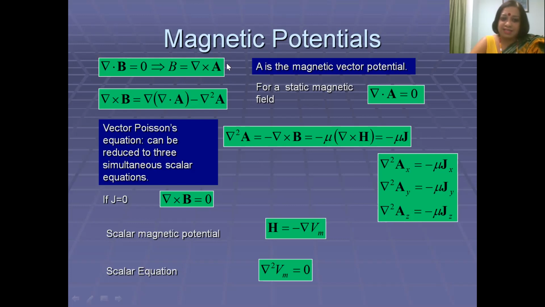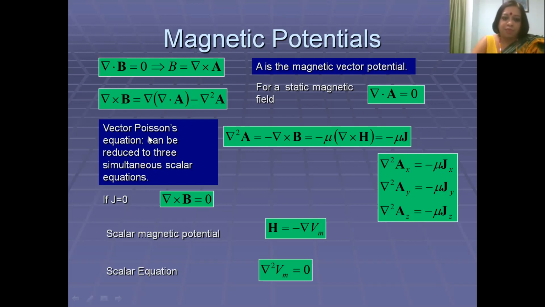Remember, A is any vector. When you express B as the curl of a vector A, there is no constraint on the kind of A you can choose. So you can choose any A, and you will choose an A for which the divergence of A is equal to 0. That is true for a static magnetic field.